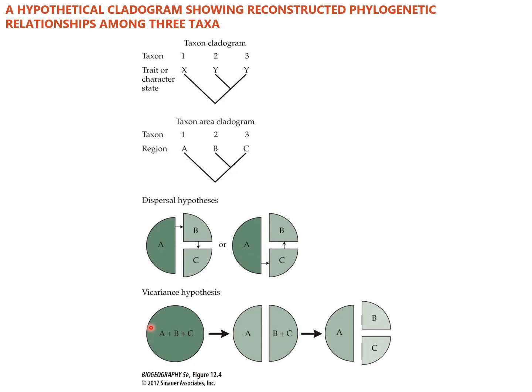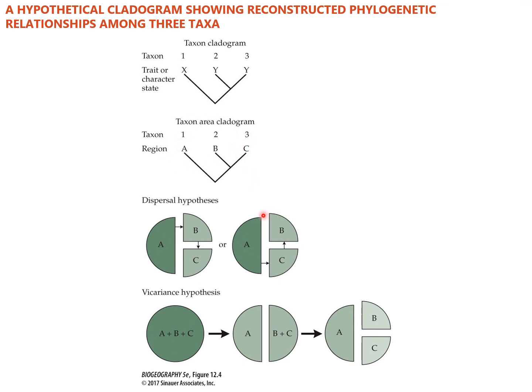If you have vicariance, though, which again, just to remind you, is when a barrier forms, you can have all organisms existing in areas A, B, and C, and then a barrier forms between A and B and C, and then another barrier forms between B and C, and this would result in this taxon area cladogram.